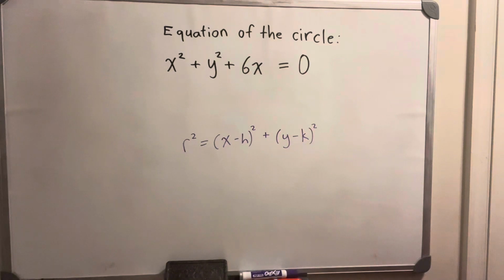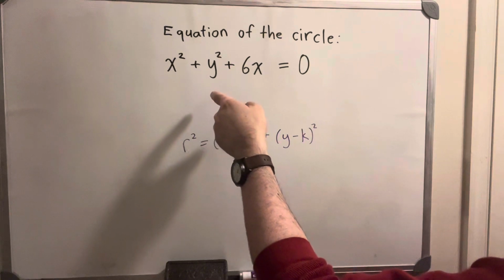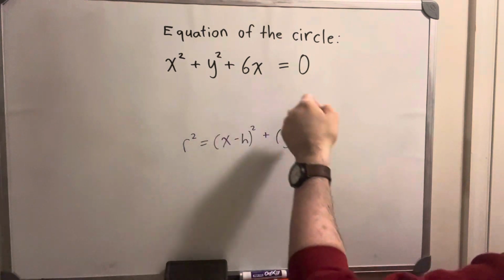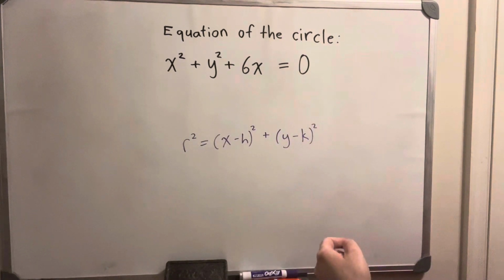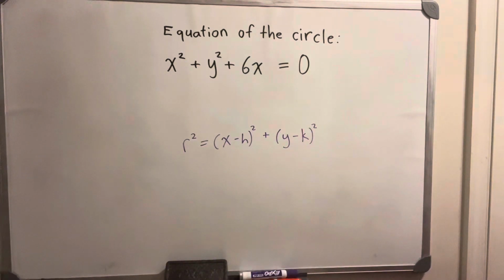Unfortunately not. But now we're going to talk about, if you haven't learned it before, how to get an equation that has x squareds, y squareds, x's and y's and numbers into this form by using a technique called completing the square.